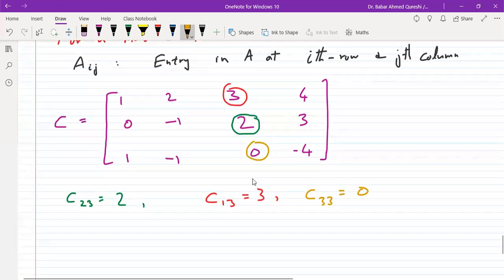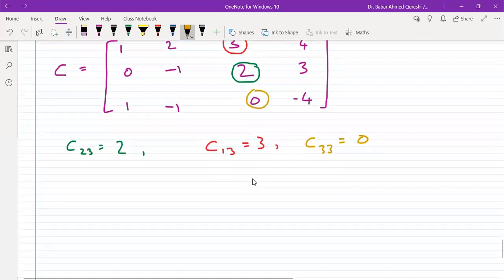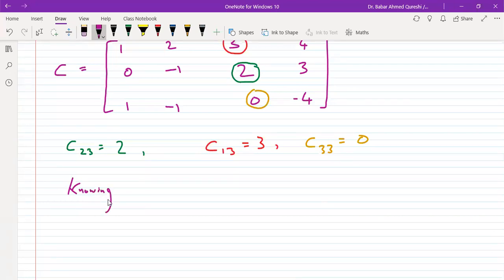So you can notice that knowing all these components, knowing all aij's for a matrix A is equivalent to knowing the matrix.